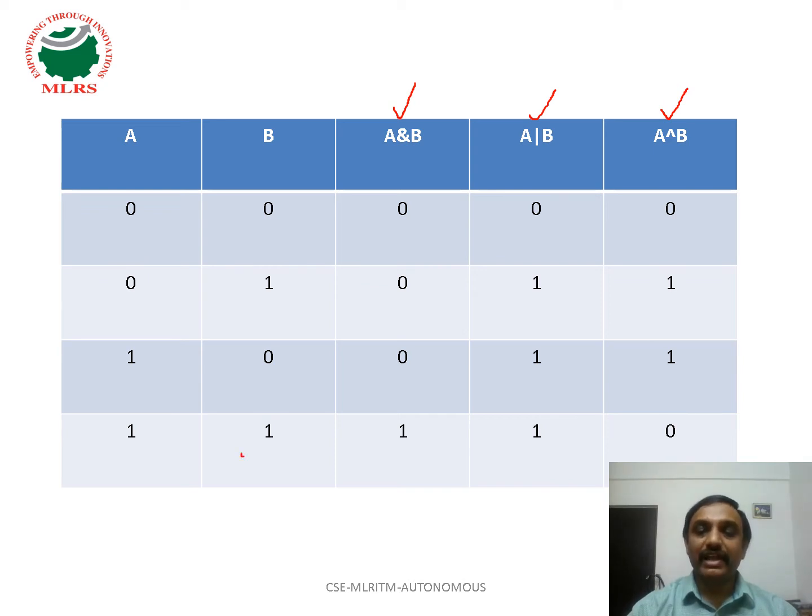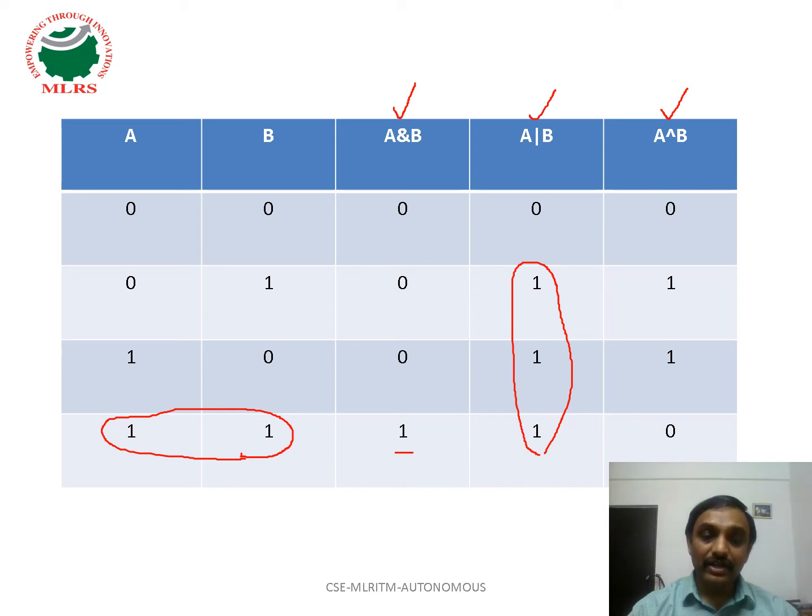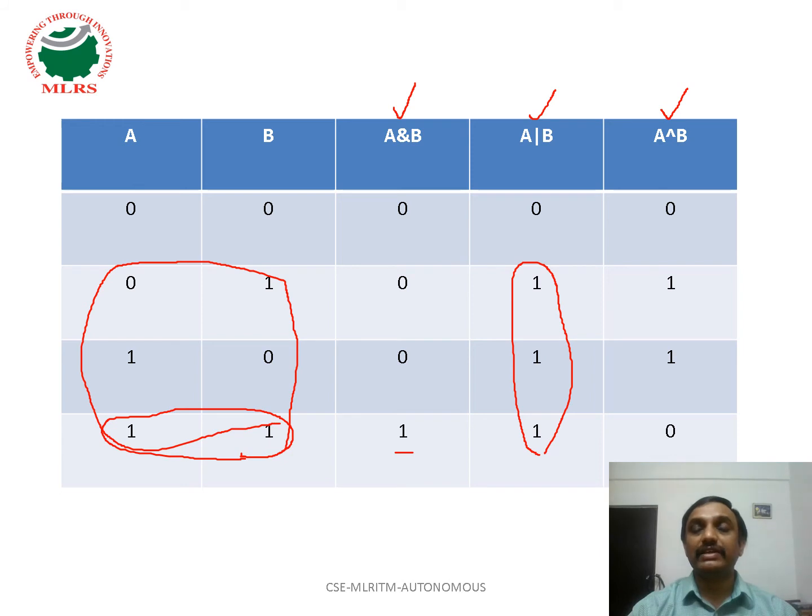Bitwise AND value is 1 only when both the inputs are true, both the inputs are 1. Okay, next one, the bitwise OR operator. The value of bitwise OR is 1 whenever any input value is 1. In these three cases, the bitwise OR value is 1.